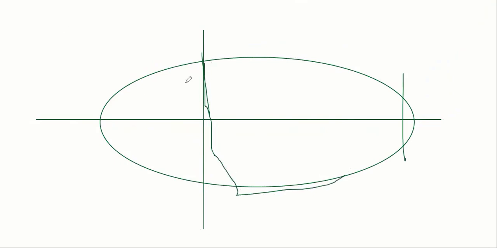If you integrate this function within limits, you will get the area under the curve. So the area of this ellipse is just the integral of this function of the ellipse with respect to the limits. That's it. We'll do all this, okay?